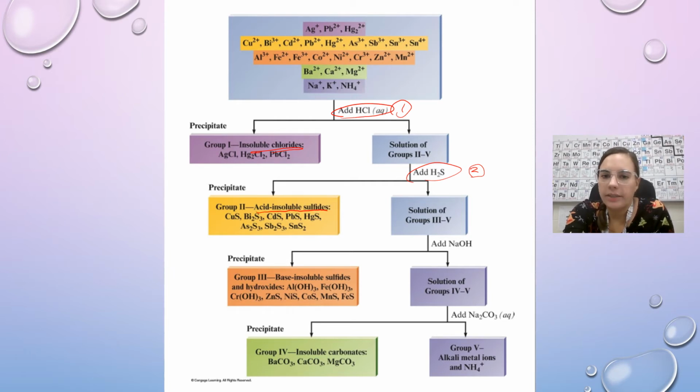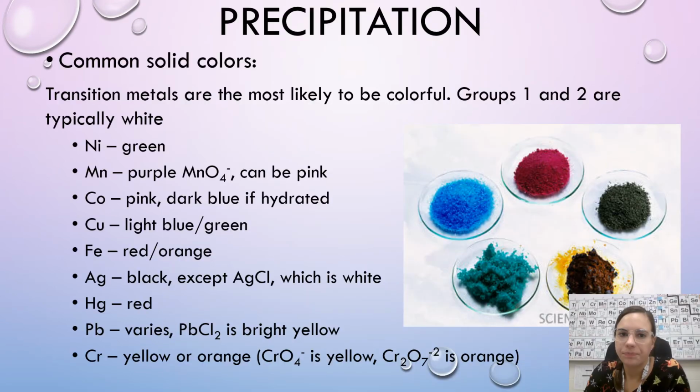Then we're going to add sodium hydroxide, which is going to take out our base-insoluble sulfides and any hydroxide-insoluble compounds. Then we're going to add the carbonate, which is going to precipitate out any of our insoluble carbonates. And then here we can possibly do that flame test to tell the difference.